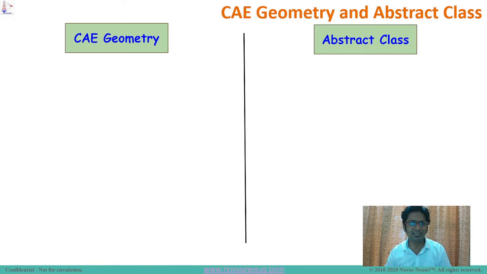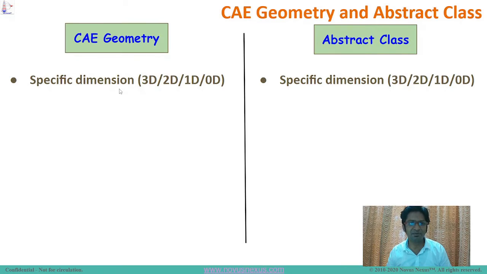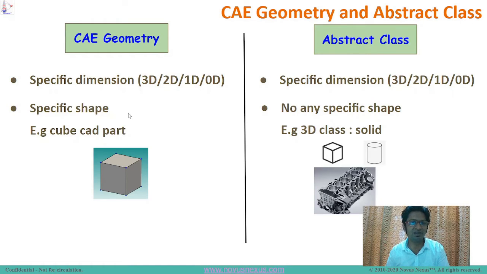Let's have a quick comparison between CAE geometry and abstract class. We know that CAE geometry represents some specific dimension like 3D, 2D, 1D or 0D. Similarly, abstract class also represents a specific dimension like 3D, 2D, 1D or 0D. The major difference is that CAE geometry has a specific shape.